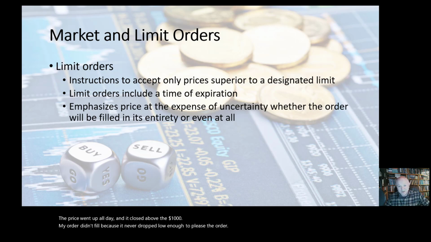The next day I thought, well, that was stupid. I should have bought the shares at the market price. So I put in another limit order for $1,020, thinking maybe the price will drop back down below the price of $1,050.